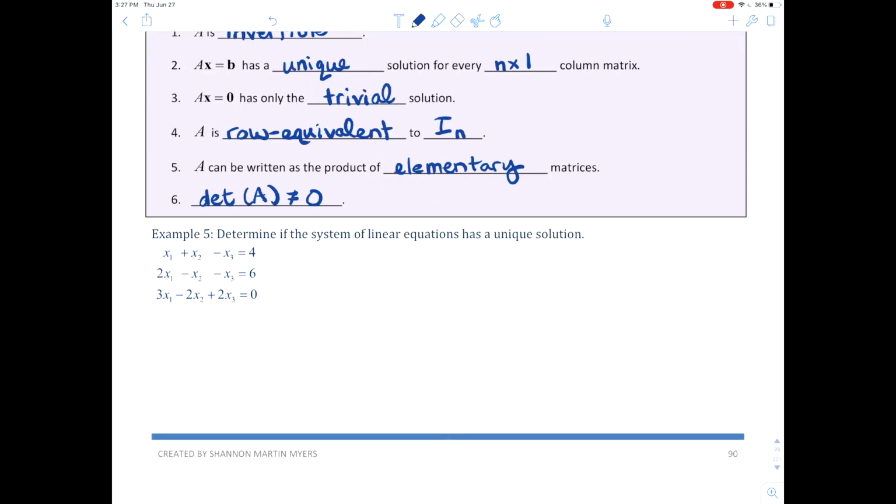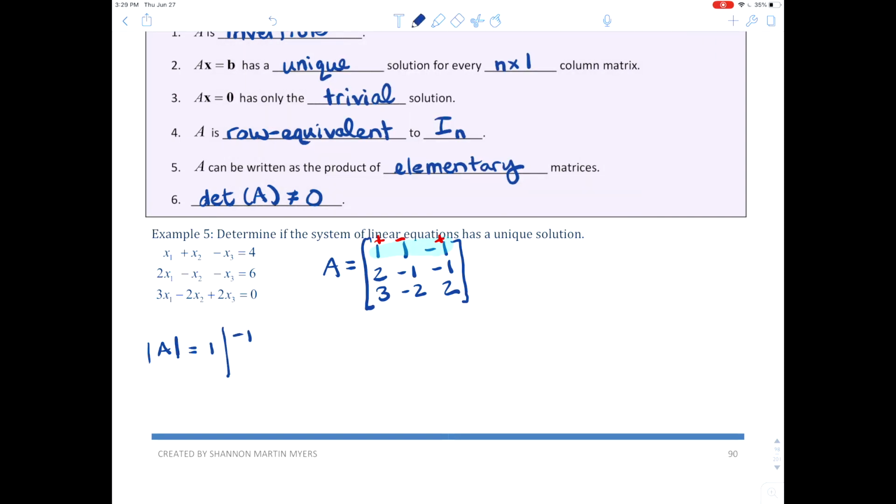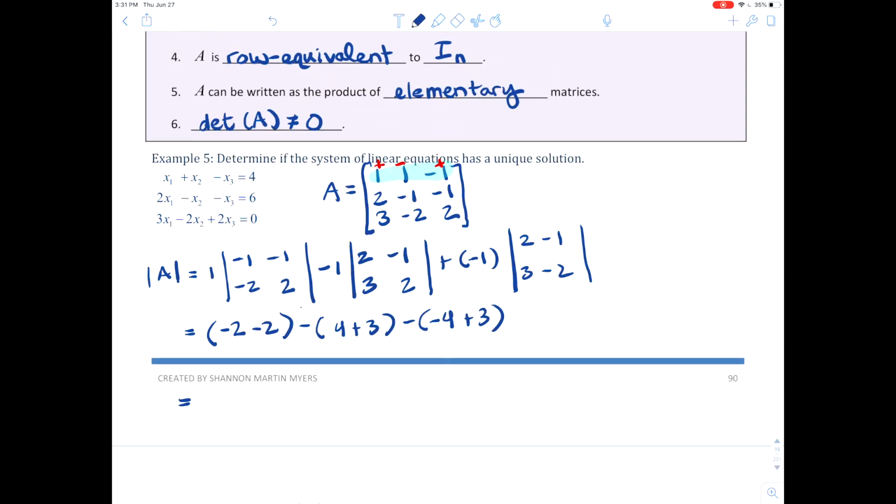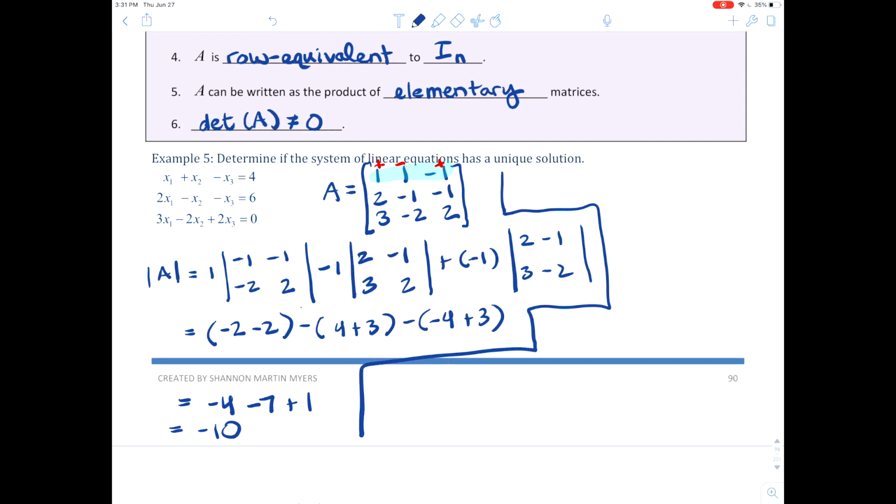All right. For example 5, we want to determine if this system has a unique solution. So using our newfound knowledge, what do you think we should do? Beautiful. We can find the determinant of the coefficient matrix. Okay, so our result was negative 10. And so this is the conclusion we're going to draw from finding this determinant.